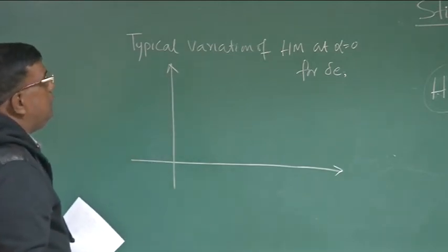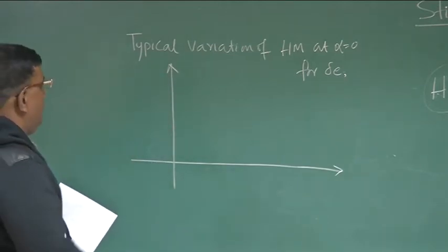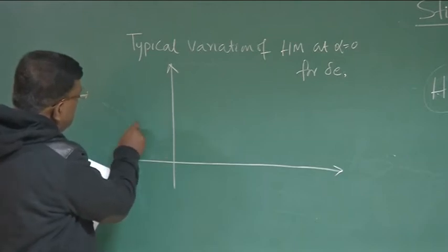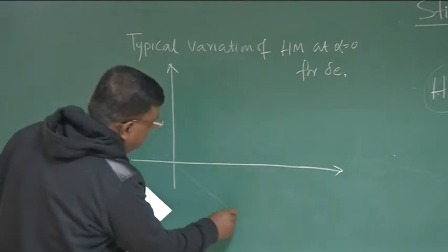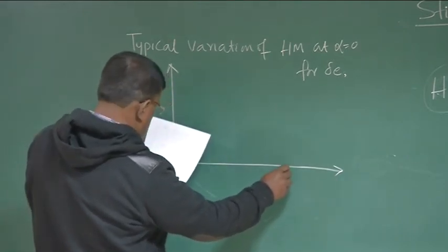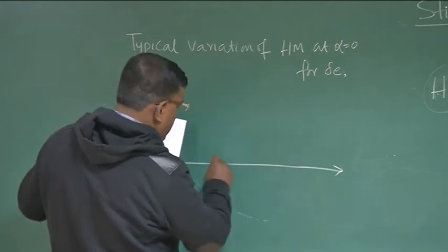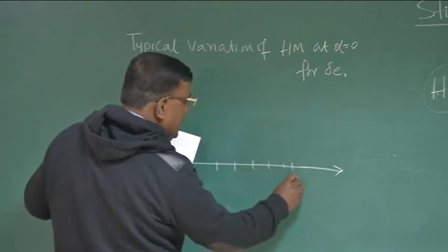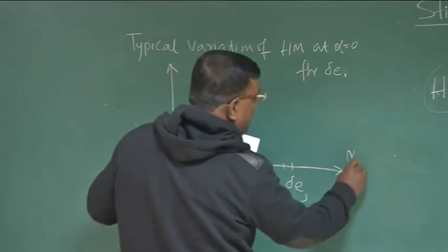We will see that typically the nature will be something like this. This is for different delta E, of course, alpha equal to 0.